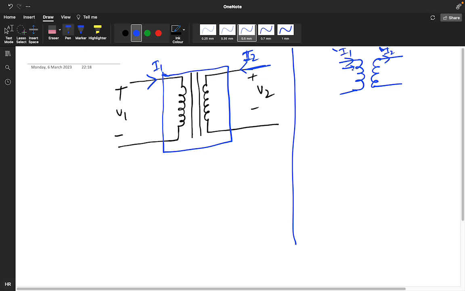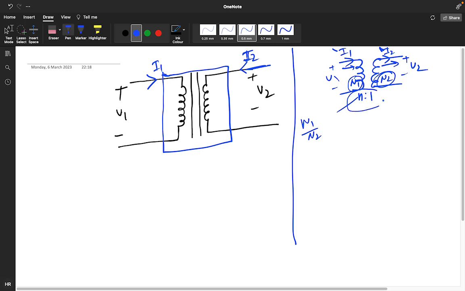The current directions are like this, and this is positive negative V1, and this is positive negative V2, and the ratio is given as n is to 1. Actually this n represents n1 by n2, meaning the number of turns on this side and the number of turns on this side.